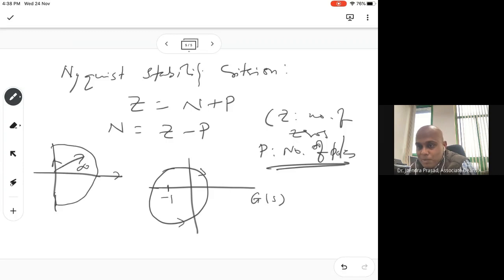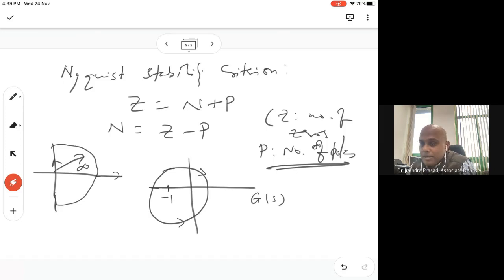It will make a loop around -1 N times, where N is equal to Z minus P, where Z and P are the zeros and poles on the right hand side of the plane. That's what it tells. And you know that any zeros and poles on the right hand side will lead to instability. So we don't want that, right?